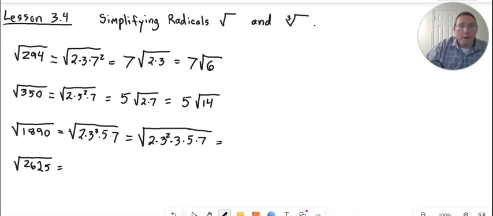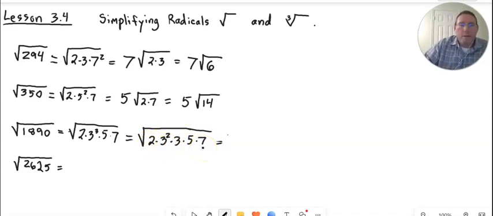We can cancel the square and take the 3 out. The 2 will stay, this other 3 will stay, the 5 will stay, and the 7 will stay, because none of these other numbers have a square on them. So they have to stay under the radical.